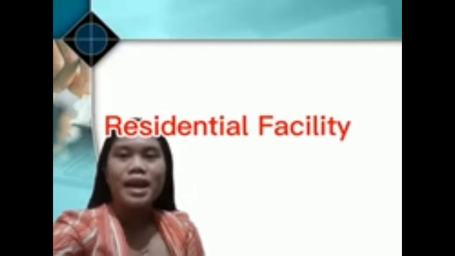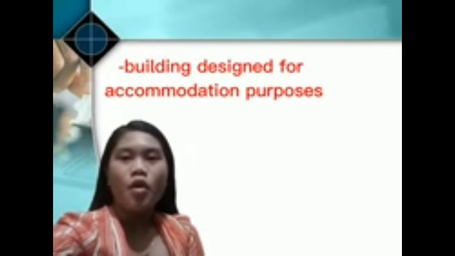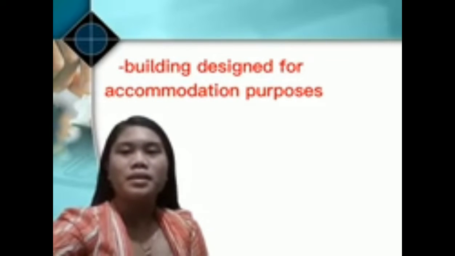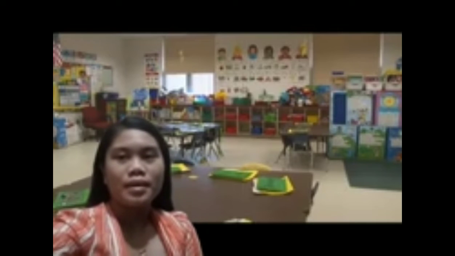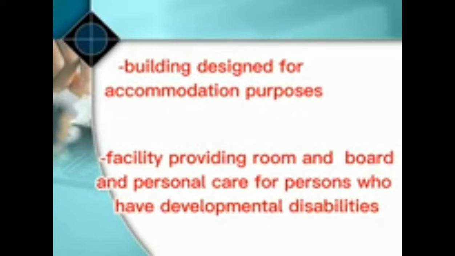Next is residential facility. It is a building designed for accommodation purposes like boarding home, nursing home, foster home, group home, licensed by the Department of Health and Human Services. It is a facility providing room and board and personal care for persons who have developmental disabilities.